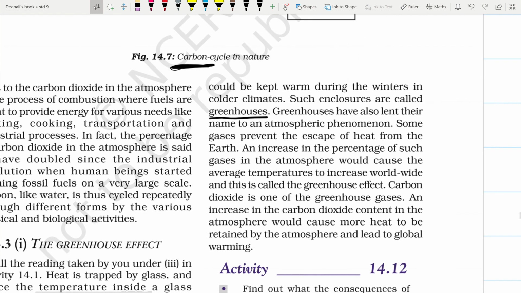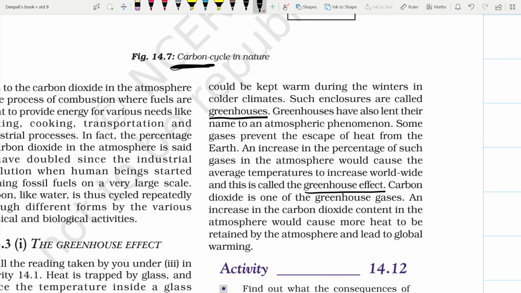But our earth is a natural greenhouse. How? Greenhouses have also lent their name to an atmospheric phenomenon. Some gases prevent the escape of heat from the earth. An increase in the percentage of such gases in the atmosphere could cause the average temperature to increase worldwide, and this is called the greenhouse effect.